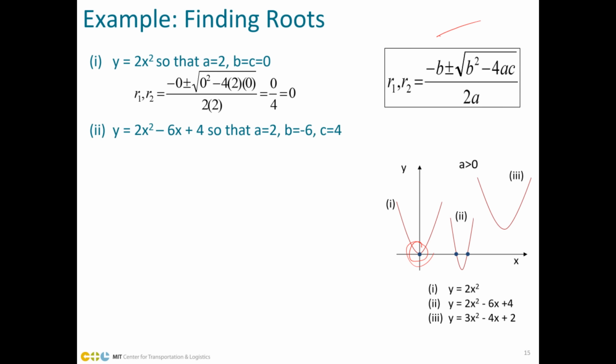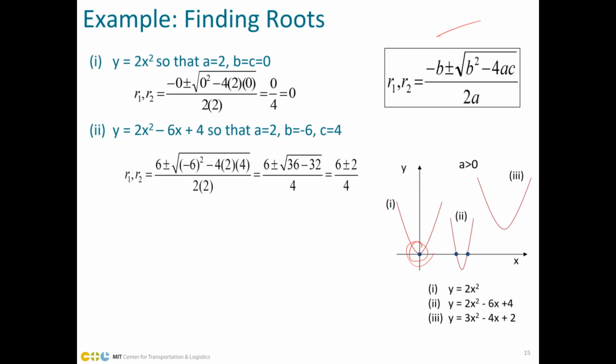Let's do another one. Let's do curve 2. So this is where my function is y equals 2x squared minus 6x plus 4. So my a value is 2, my b value is negative 6, and my c value is positive 4. I'm just going to plug that in to this equation up here, and I'm going to get 2 different values. I'm going to have it equal to 6 plus 2 divided by 4, and 6 minus 2 divided by 4.